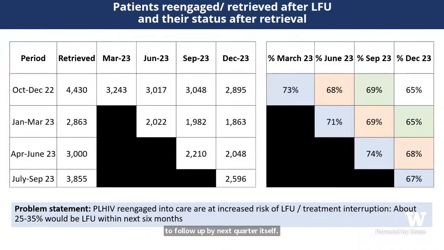So you can see that if a patient is coming back to the ART center from an LFU, we are seeing these patients being lost by the end of the next quarter, or the next 3 months. So the learning from this slide is that patients who are coming back are really very important to us, because they are going to interrupt their treatment again within the next 3 to 4 months.